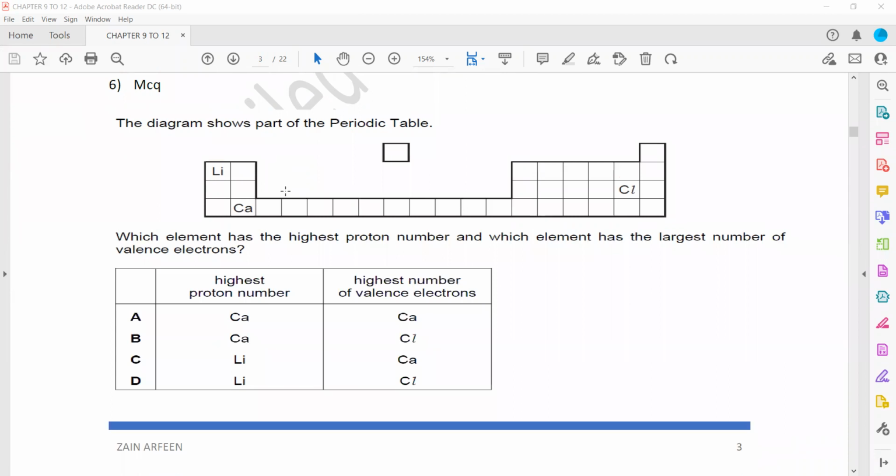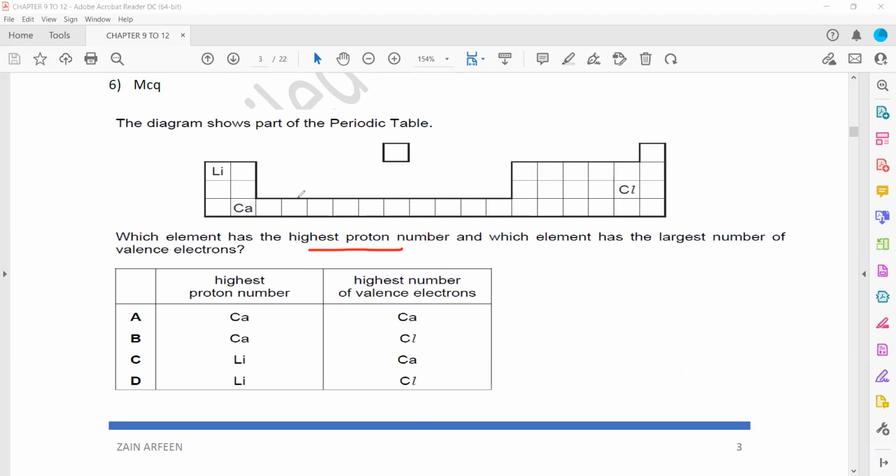The diagram shows part of a periodic table. Which element has the highest proton number and which element has a large number of valence electrons? Highest number of valence electrons, it's group 7. And the highest proton number, so which element?